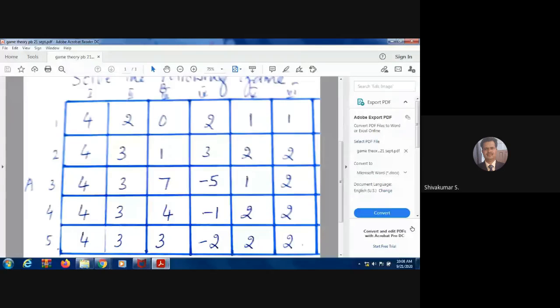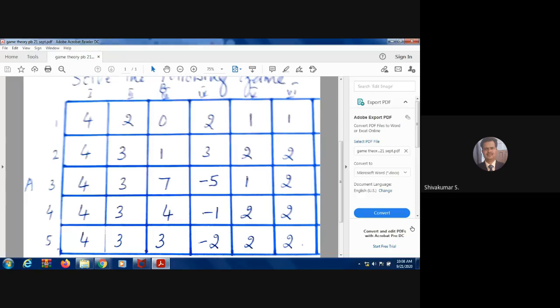Now, we are going to use two methods to find the value of the game and the ultimate strategy used by player A or player B. One is called the dominance rule. Second is called the graphical method. Remember here, A is the player who is going to win the game. So he's trying to maximize the profit.